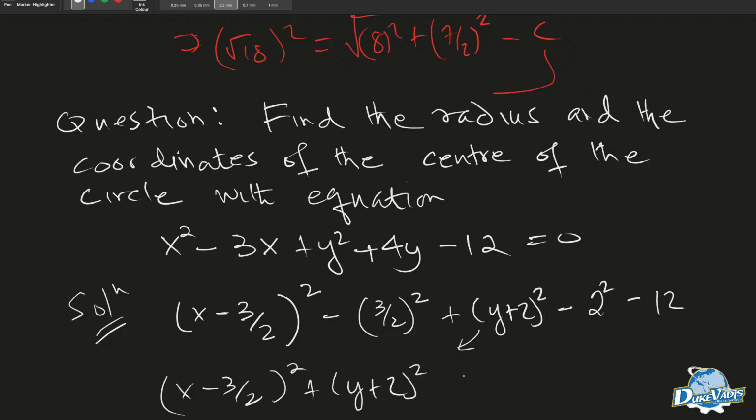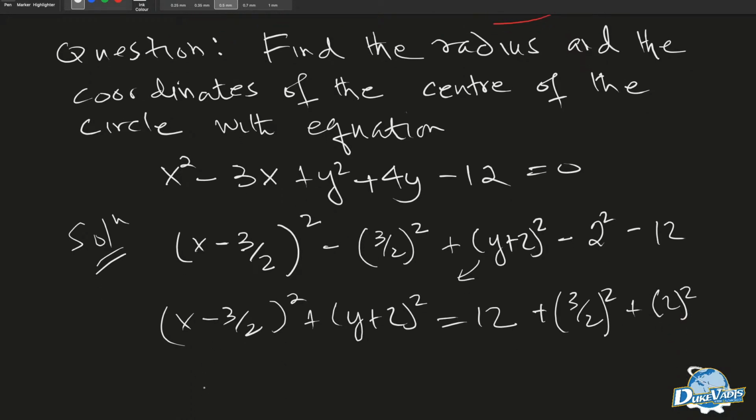I hope everybody is gathering the idea, it's not anything difficult. When we finish, we bring the 12. Then the 3 over 2 squared, we bring it here, so that will be plus 3 over 2 squared, and here we bring our 2 over 2 squared.